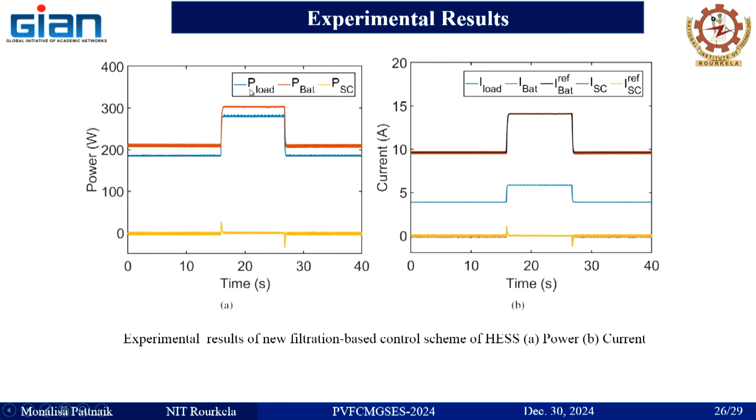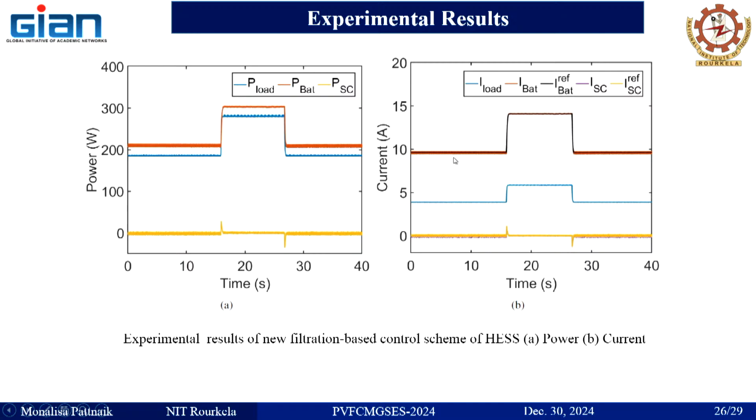Now we can see the battery provides the steady state component, and the supercapacitor gets a spike at 15 seconds. This represents the transient, and it is handled by the supercapacitor.